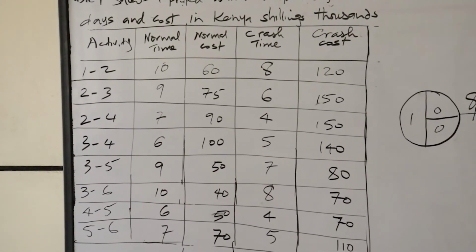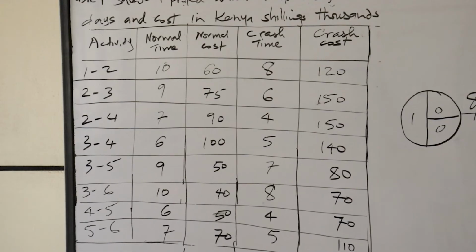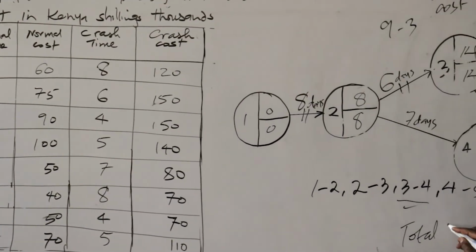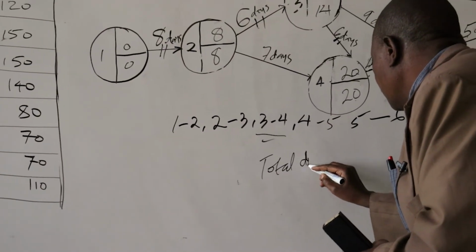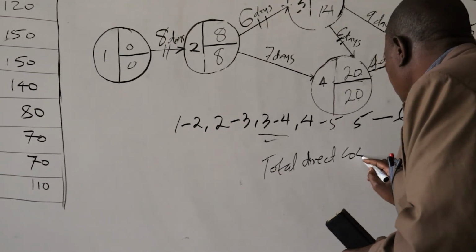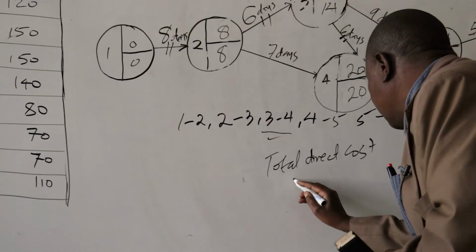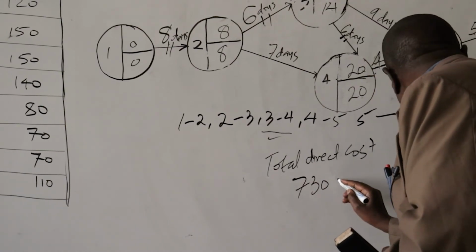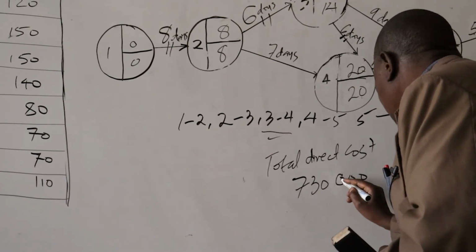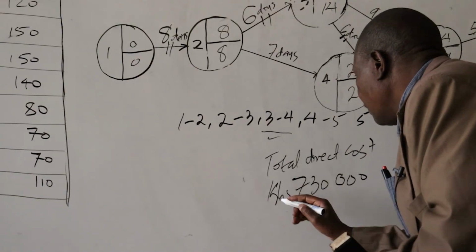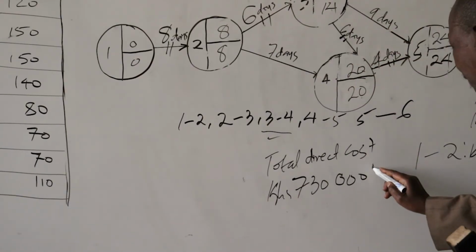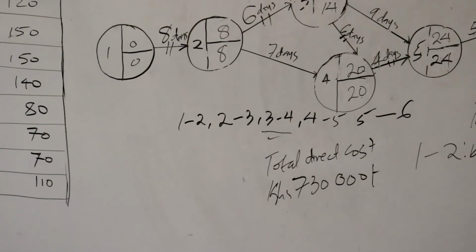The total direct cost before crushing that activity is 730,000, plus its cost slope.